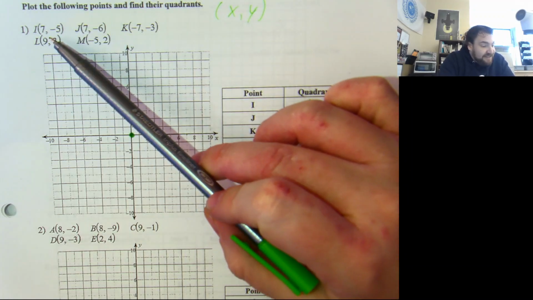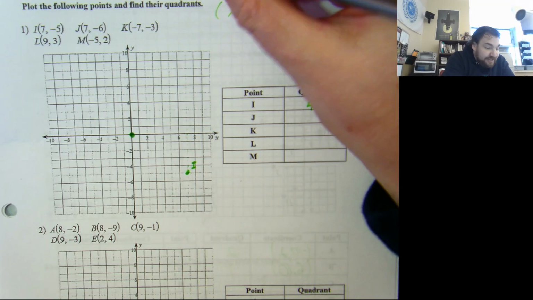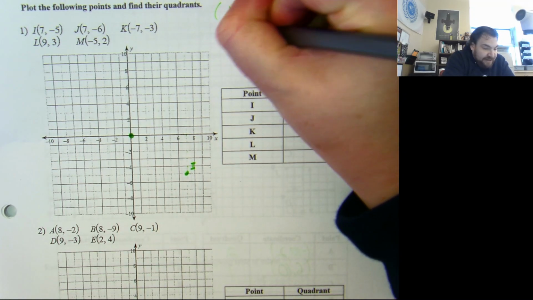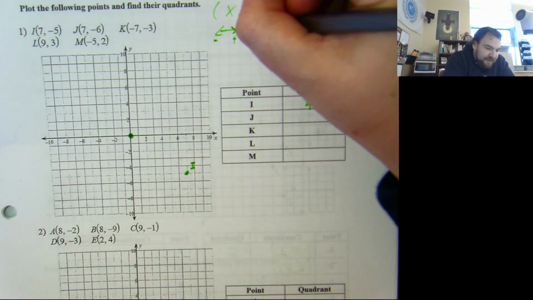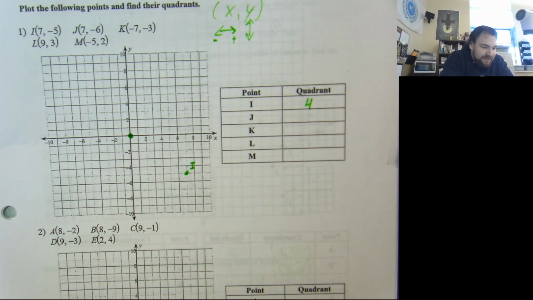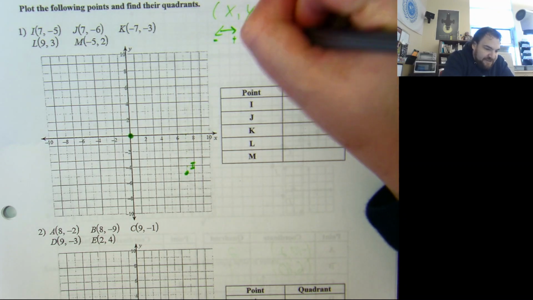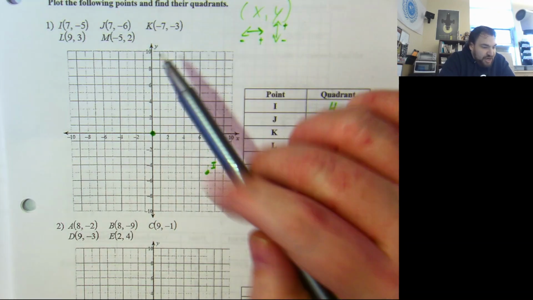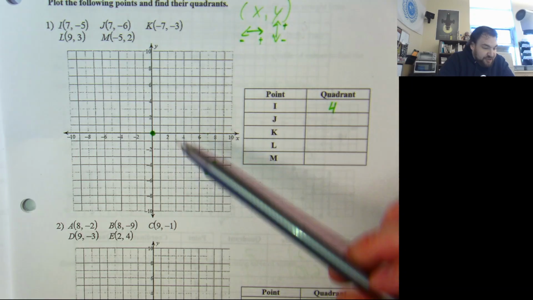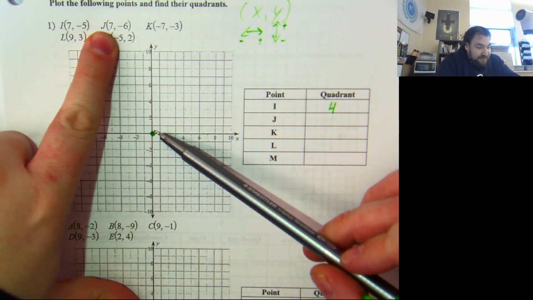We did I. I is at 7, -5. And remember, X is the left and rightness. Right is positive, left is negative, and then Y, the second number, is your up and down. Up is positive, down is negative. So for J, if we're going to be at 7, -6, starting from this point, the first number is +7.